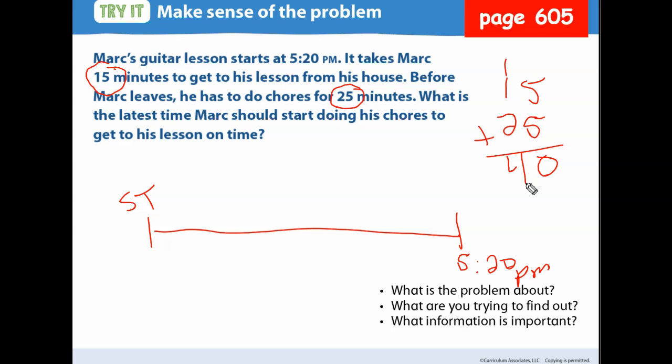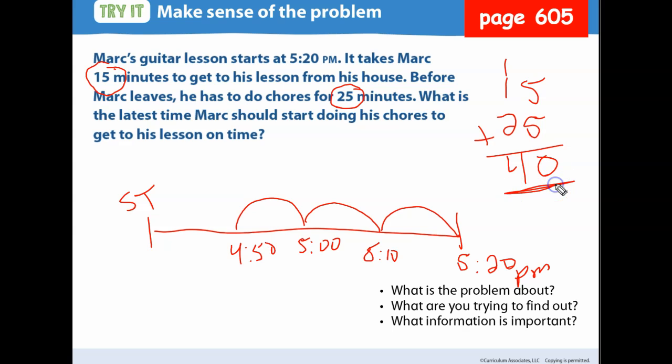From 5:20, if I subtract 10 minutes, is how much? 5:10. From 5:10, if I subtract 10 more minutes, how much? 5 o'clock. If I subtract 10 more minutes, 4:50. Good. And so that's 30 minutes.